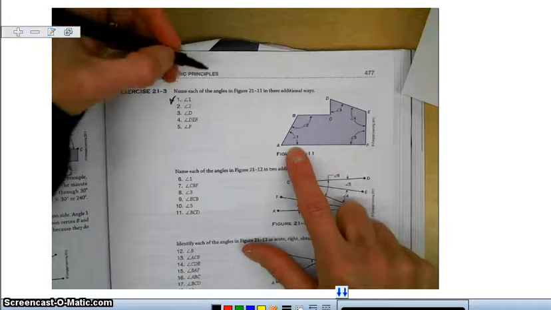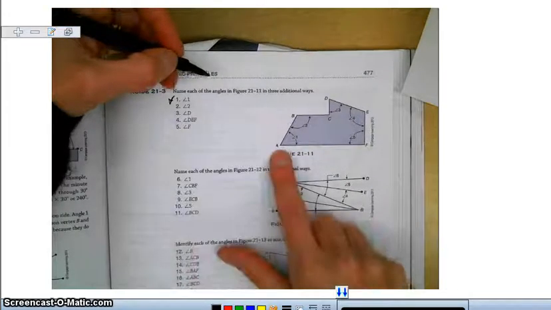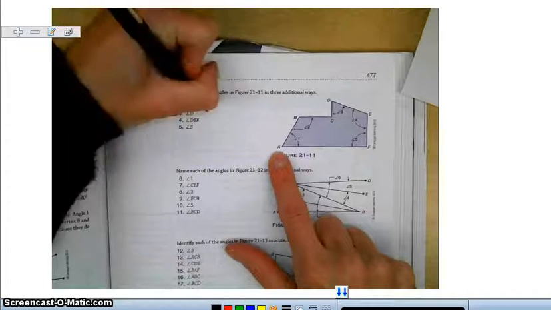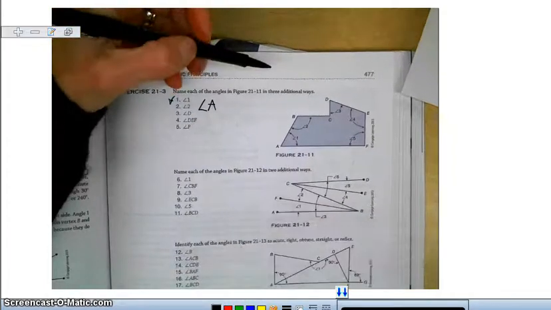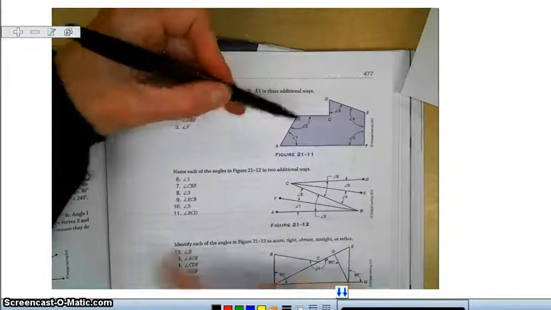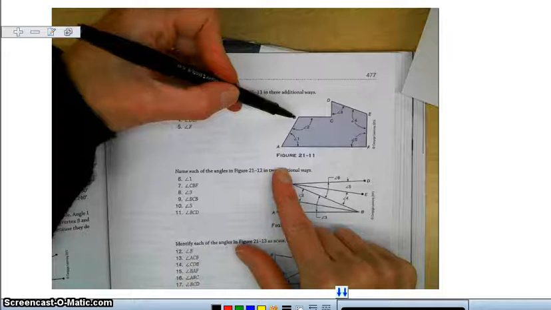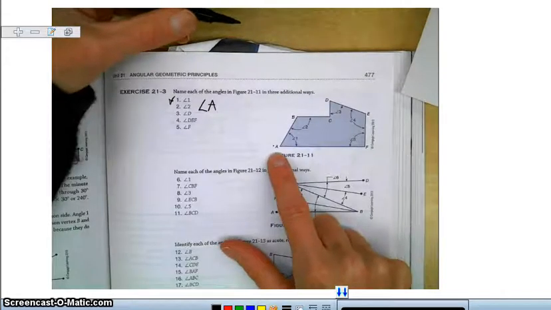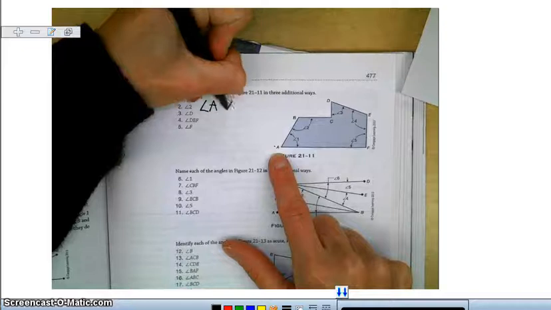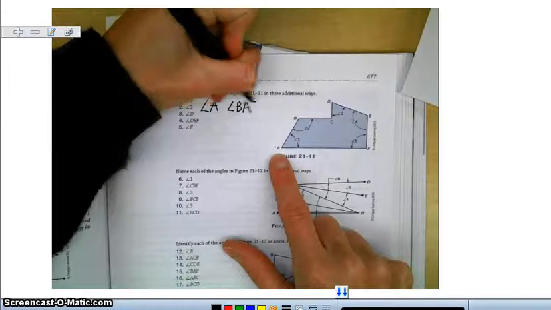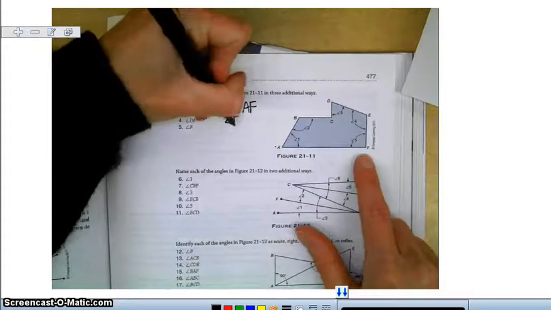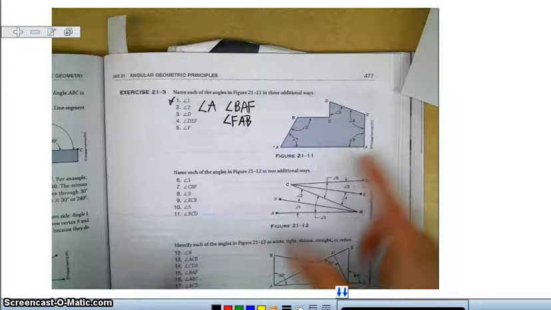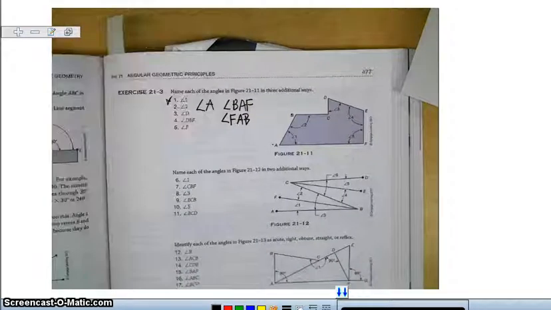You can name it by its vertex, which is angle A. You could name it by 3 vertices, so BAF. The angle that you're always looking for goes in the middle of the letters. So this could be named as angle BAF, or it could be named as angle FAB. And those are 3 different ways to write angle 1.